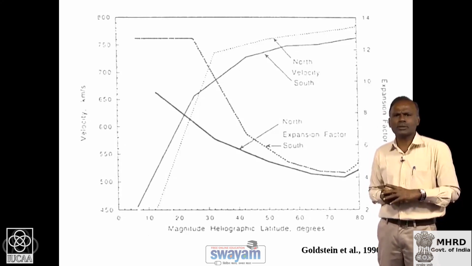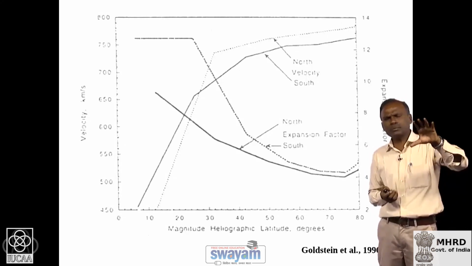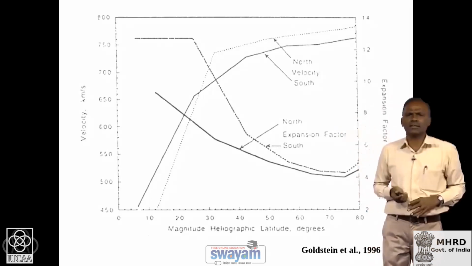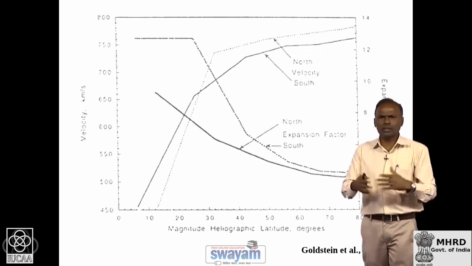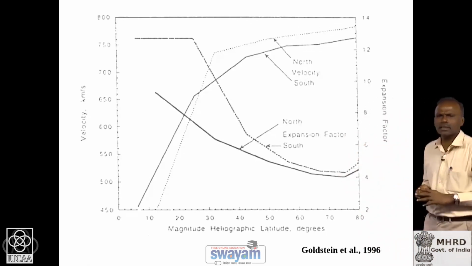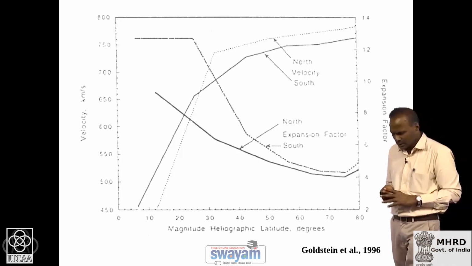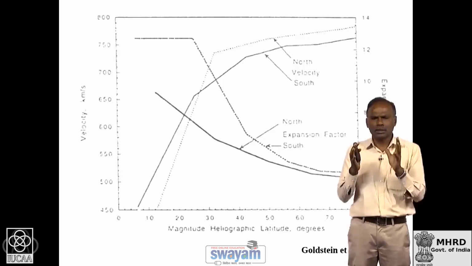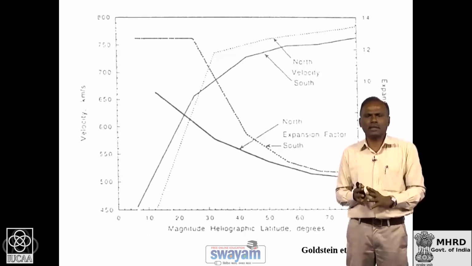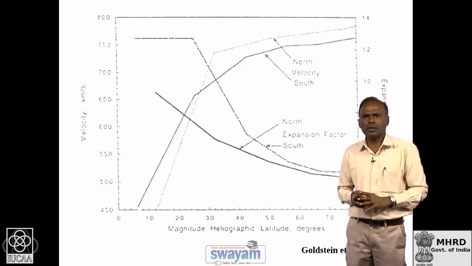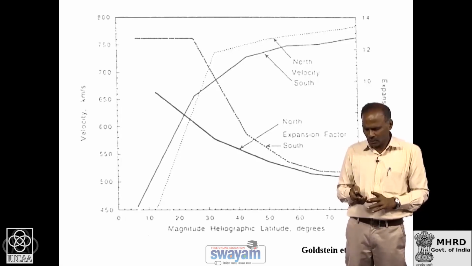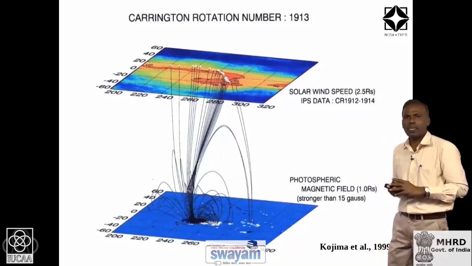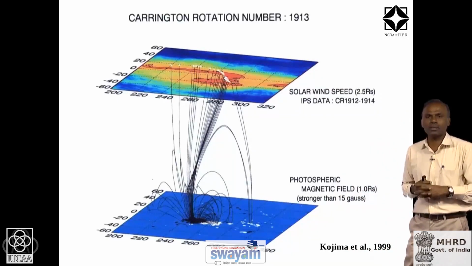As the expansion factor decreases, the solar wind speed increases. This is from the Goldstein 1995 study. So, we have a clear idea now: the magnetic expansion factor plays a major role in the formation of the solar wind. This study is from the interplanetary scintillation measurements.